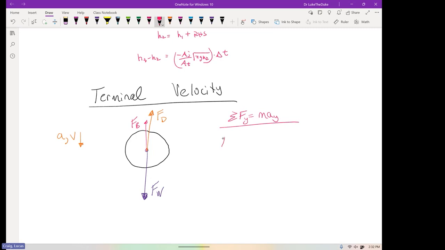So let me just write the equation. We have drag, FB minus FW, equals m dV/dt.